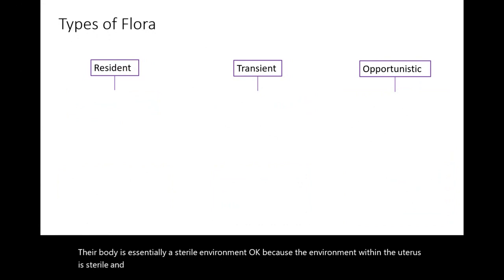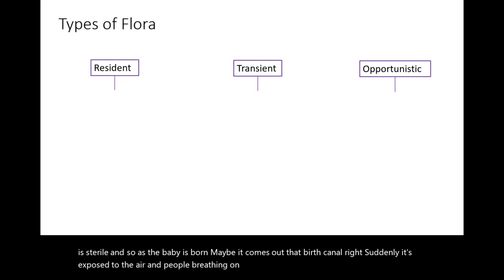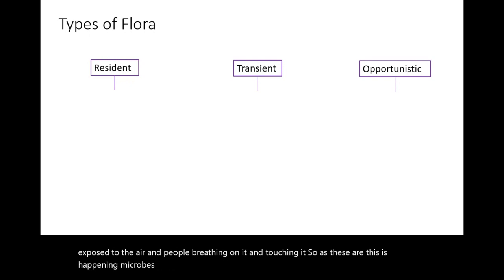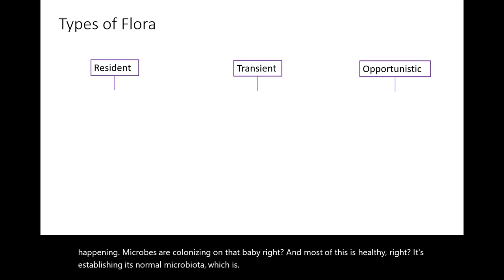And so as the baby is born, maybe it comes out that birth canal, right? Suddenly it's exposed to the air and people breathing on it and touching it. So as this is happening, microbes are colonizing on that baby, right? And most of this is healthy, right? It's establishing its normal microbiota, which is good, okay?